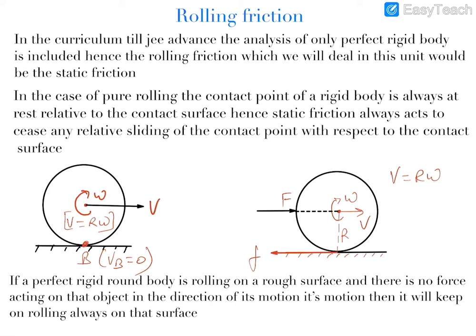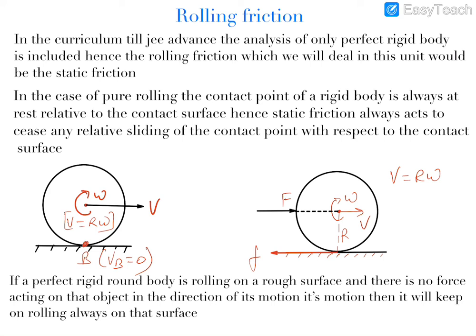We already know that when any object is kept on a rough floor, there is no friction acting on that object, because it does not have any tendency to move. When that body has any tendency to move on that surface, then static friction acts on that body.